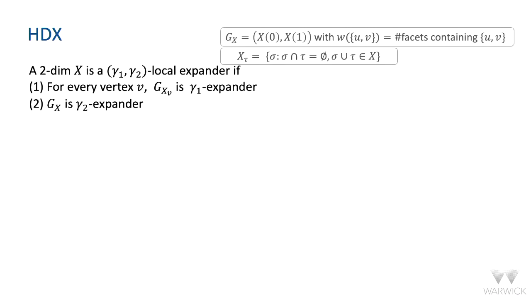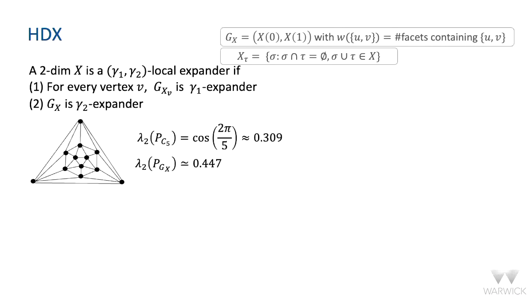So that graph is a gamma 1 expander. The one-skeleton of the whole complex itself is a gamma 2 expander. Again, in our complex, the link of every vertex is C5. C5 is a 0.309 expander. The one-skeleton graph I'm showing here is 0.447. So this complex is a (0.309, 0.447) two-dimensional local expander. Okay?